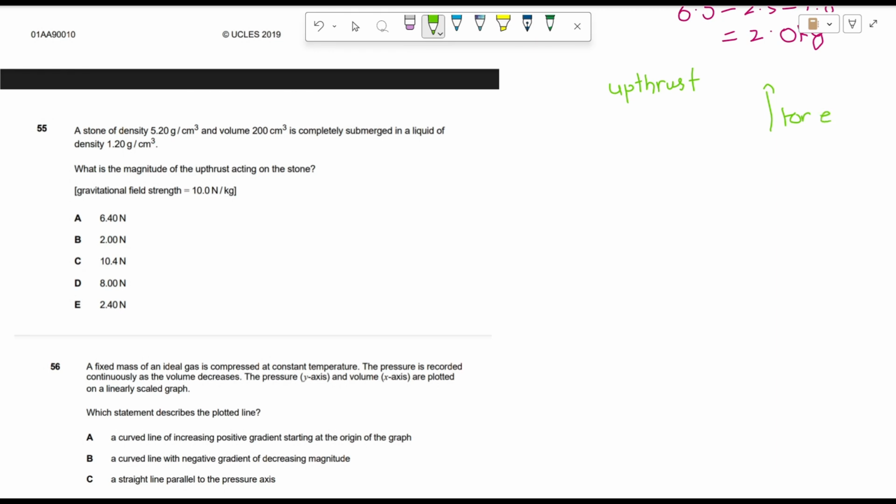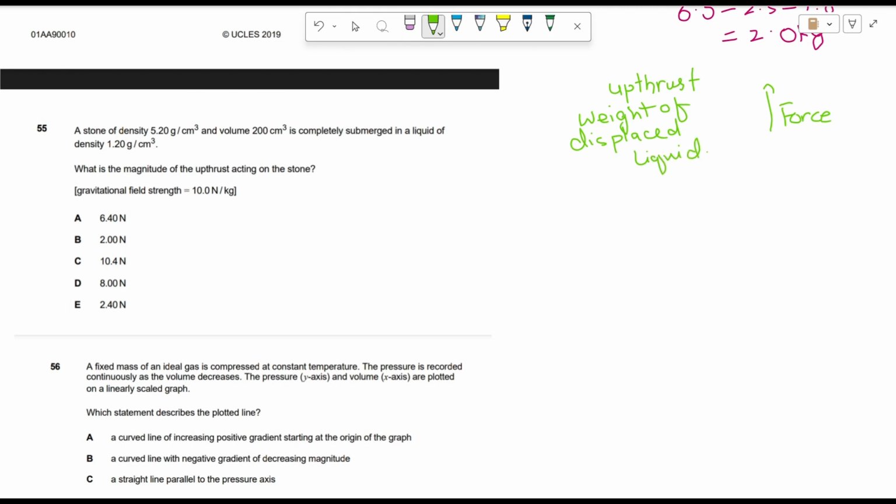The second definition of upthrust is the weight of displaced liquid. Weight of displaced liquid, right?